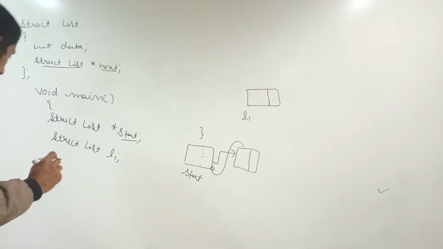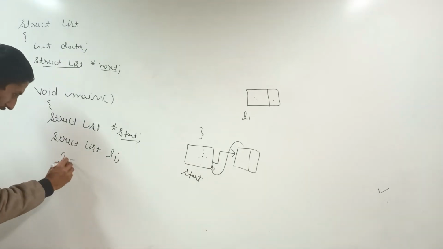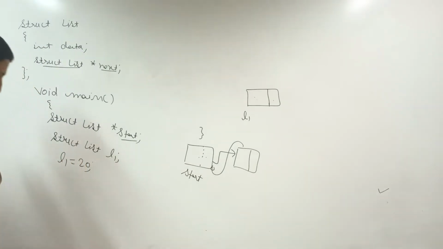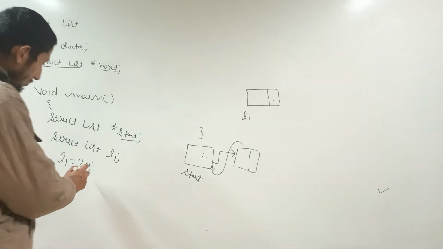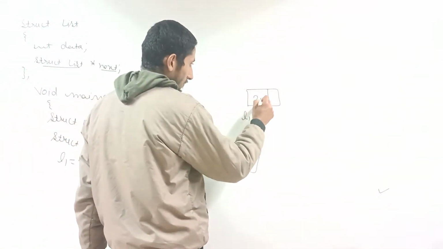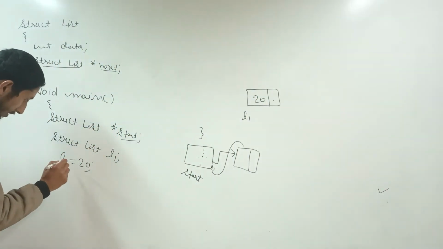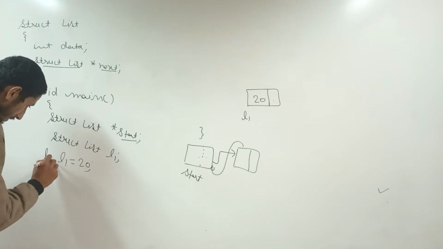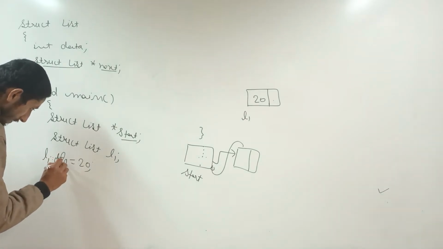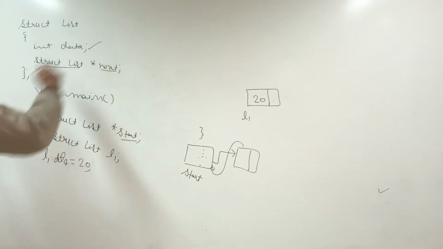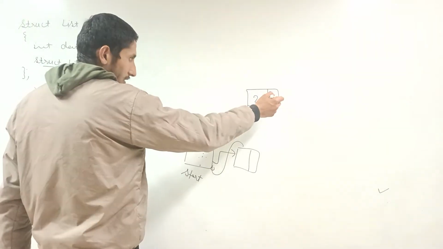So let me store the data. L1 dot data equals 20. So what I have done is I have put 20 in this block. Sorry, L1 dot data equals 20. That is this one. Now in the second block, what do I have to do?